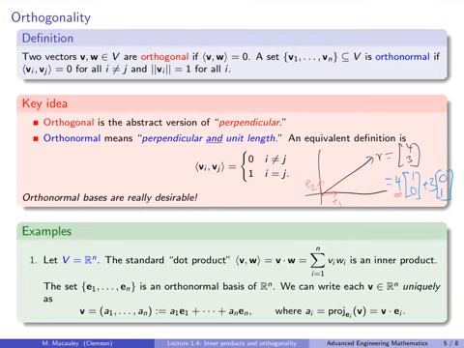And moreover, this 4 is the projection of v onto E1. In other words, it's (4, 3) dot (1, 0). And this 3 is just the projection of v onto E2. In other words, (4, 3) dot (0, 1).